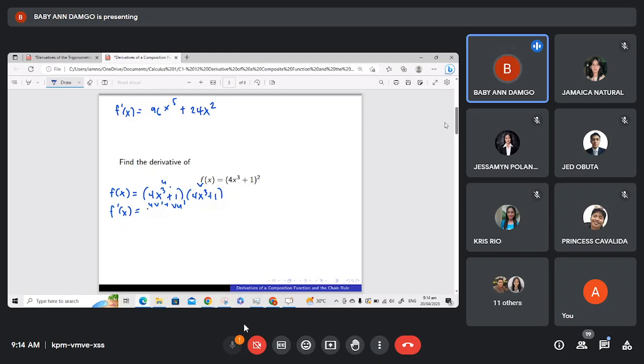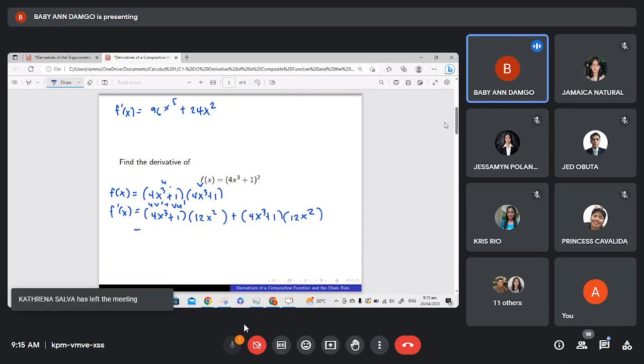So this is 4x cubed plus 1 times the derivative of 4x cubed plus 1, which is 12x squared, plus, for the v, 4x cubed plus 1 times its derivative, which is 12x squared.